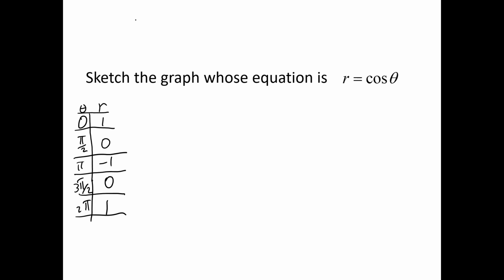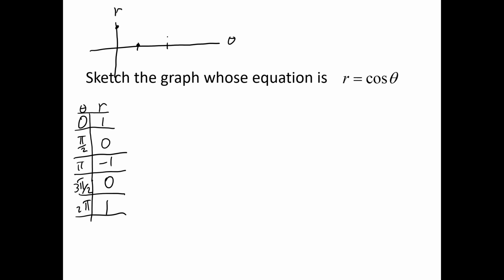So to help us graph the polar curve, we're going to graph up here on the r theta axis the rectangular equation. So when theta is 0, we get 1. At pi over 2, we get 0.